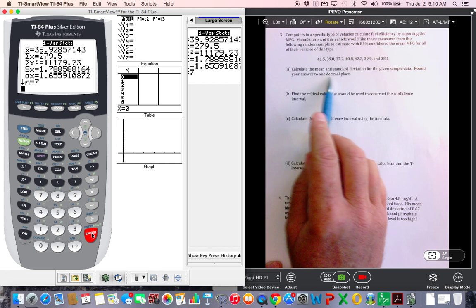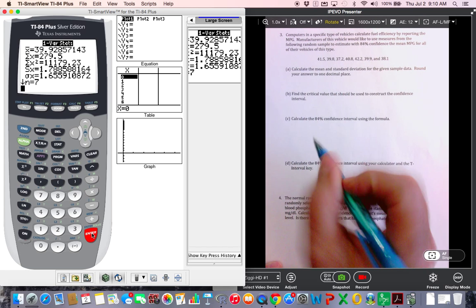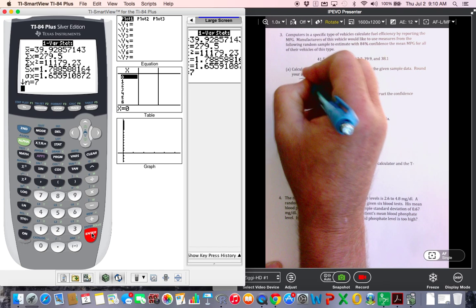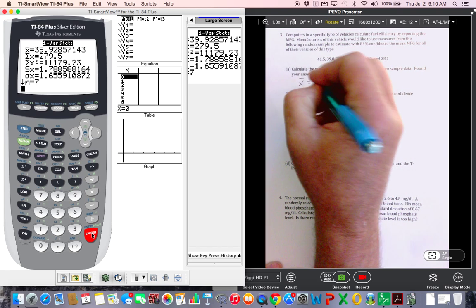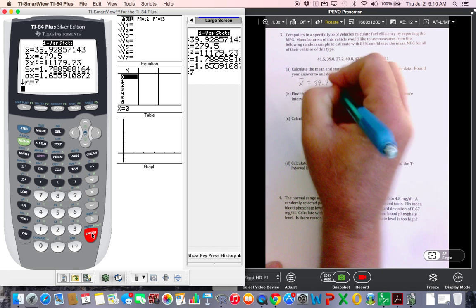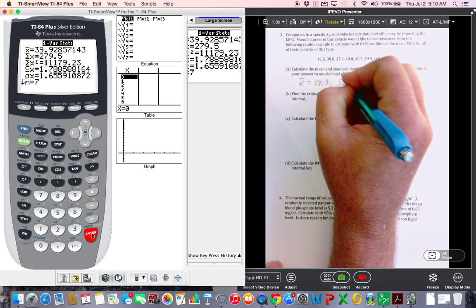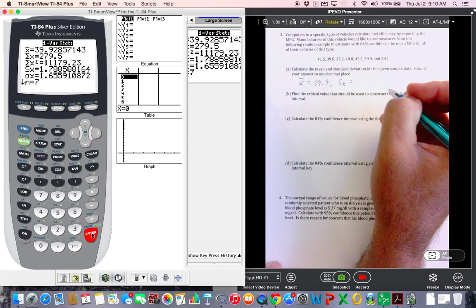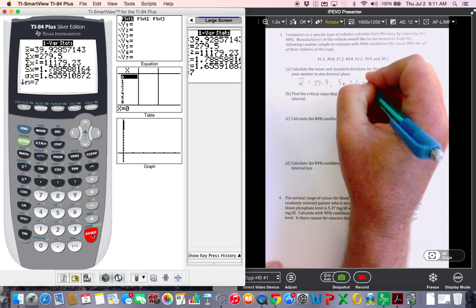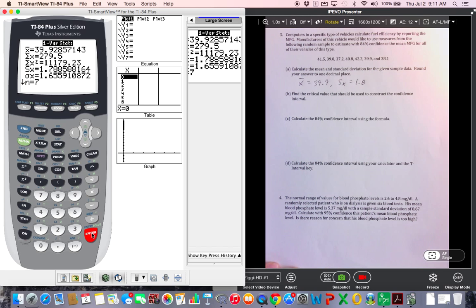It says report these to one place. So my sample mean is 39.9, and my sample standard deviation is 1.8, because I use Sx.